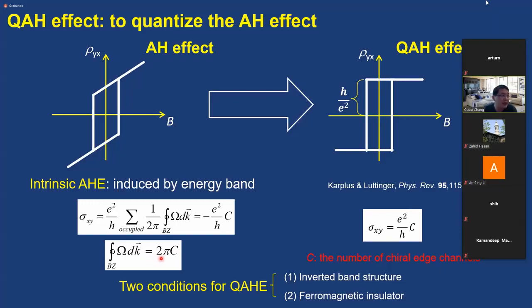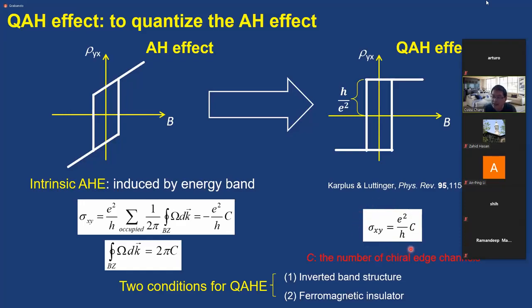In ferromagnetic material, we call this integer the Chern number. Based on these two equations, the Hall conductance is just e squared over h times C. From this equation, if C is non-zero, we could realize the quantized sigma xy.